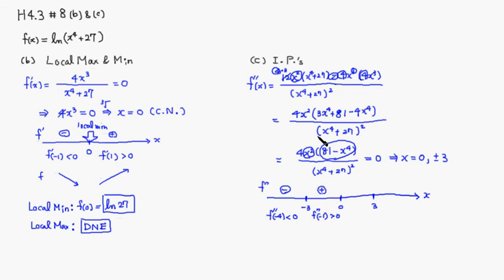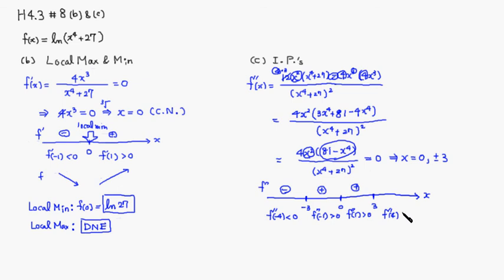And between 0 and 3, I'll try 1. So f double prime of 1 is going to be 81 minus 1 to the fourth, which is positive. Everyone else is positive. So it's still positive. Then we plug in something bigger than 3. So I'll plug in 4. So you see that 81 minus 4 to the 4th is going to be negative.